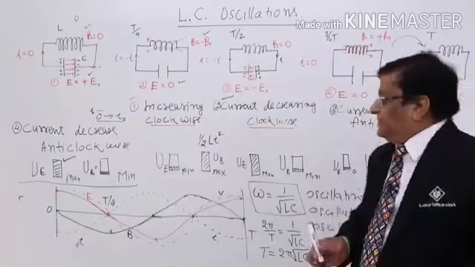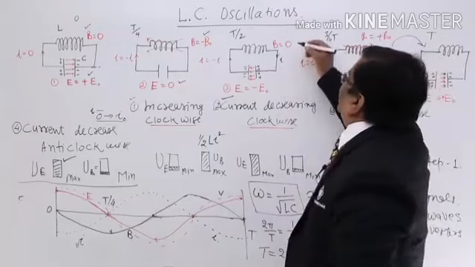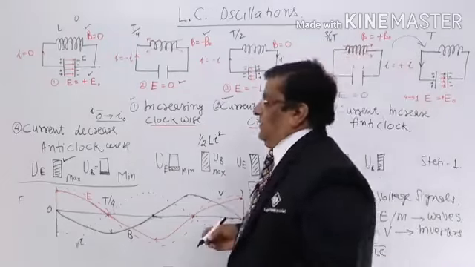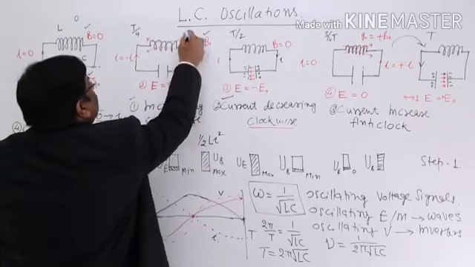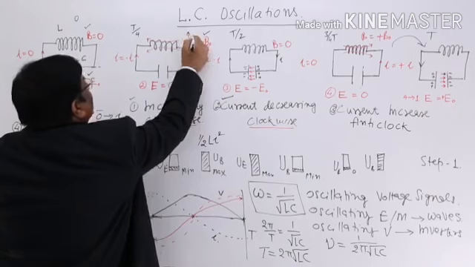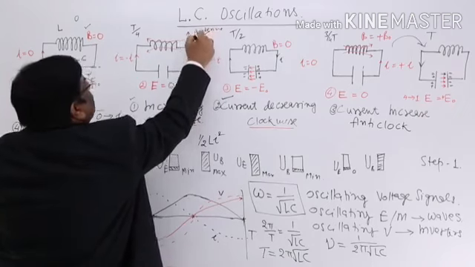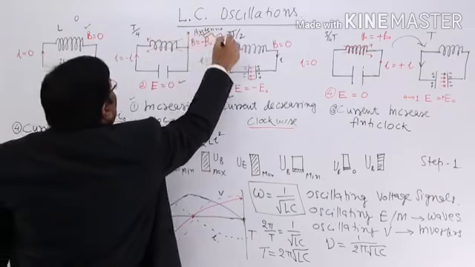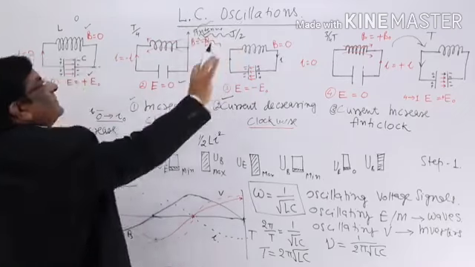Now these oscillations are giving us all these four things. If we fit an antenna anywhere, let me fit an antenna like this. If this is an antenna, then here we get the electromagnetic waves, these propagating electromagnetic waves.